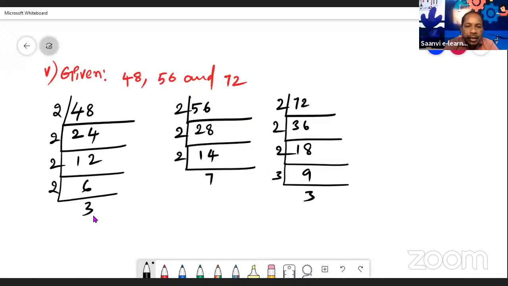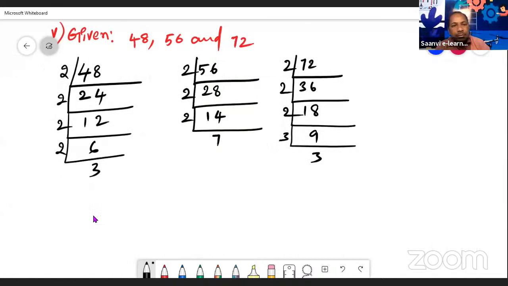Now write all the factors of 48, 56 and 72. So first of all, the factors of 48 are, what are they? The factors of 48: 2 into 2 into 2 into 2 into 3.